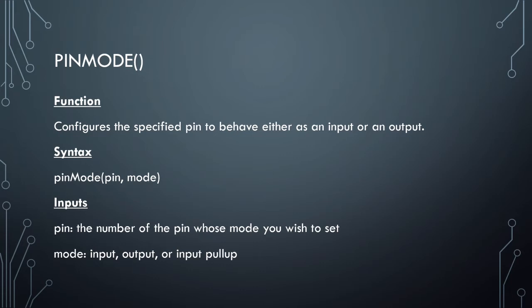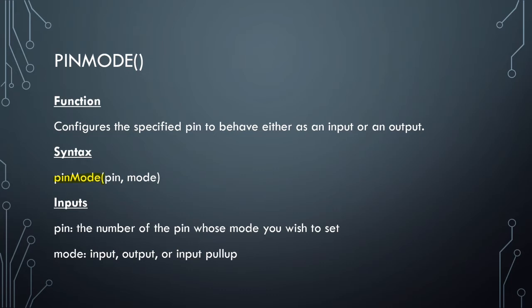On the flip side, if you had an LED connected to a pin, whether that's integrated into the board or an external LED, you would want that pin to behave as an output so that you could turn the LED on and off. So at the beginning of our program, we usually set up our pin modes for all the pins that we'll be using. The syntax here is pretty simple. We just write out pinMode, all one word, and then we have parentheses.